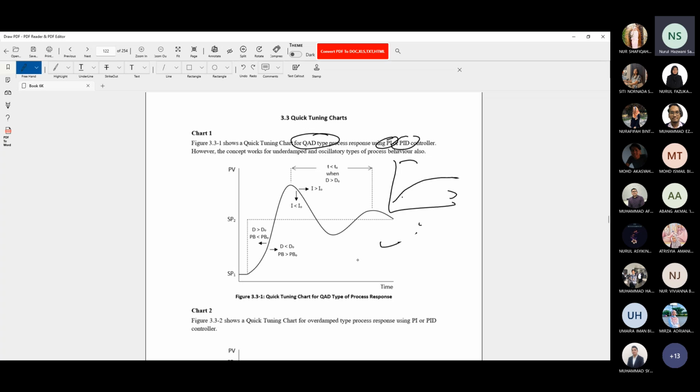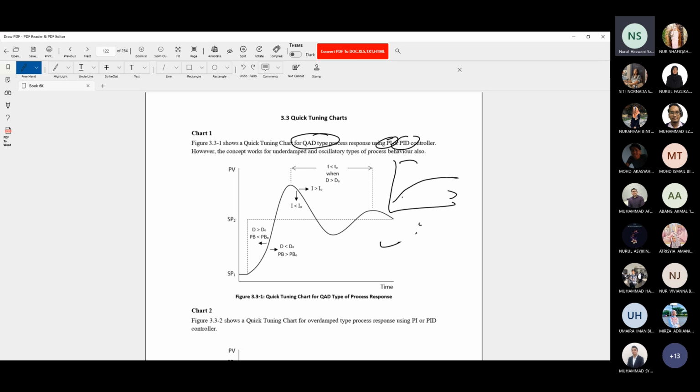Betul. So bila dia berubah, normally bila kita tukar je set point, basically the value of P and I yang you calculate before this, PI, PID semua yang you calculate before this sepatutnya berubah lah, betul tak? So you need to tune the value of PI or PID controller that you use for your system, right?